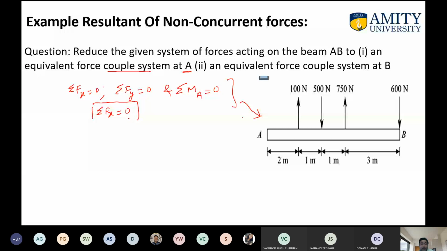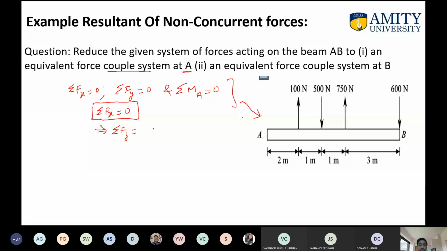There is no support here, so you cannot write HA, VA or RB. There is no need to write them. Directly you can solve it here.